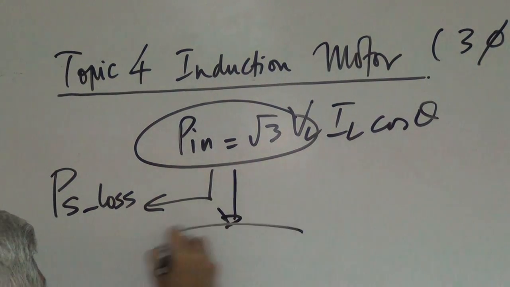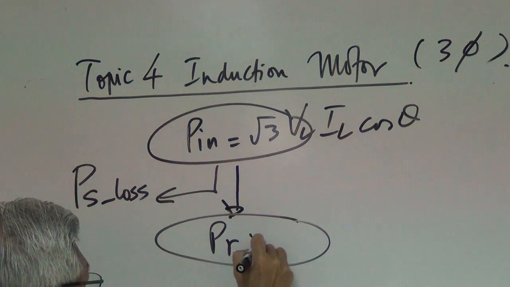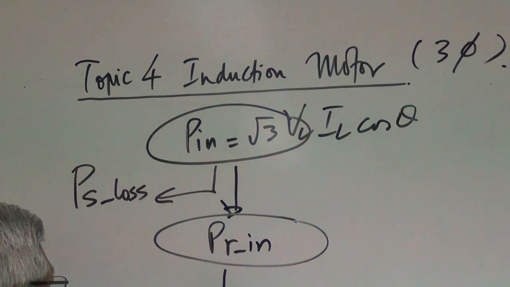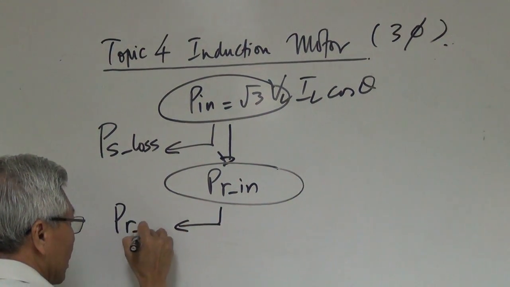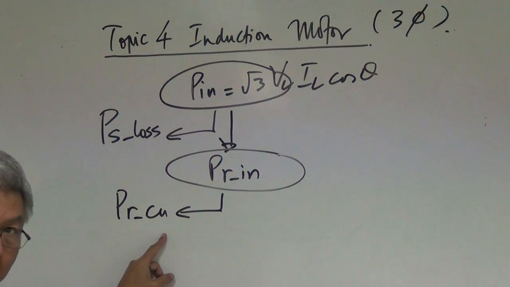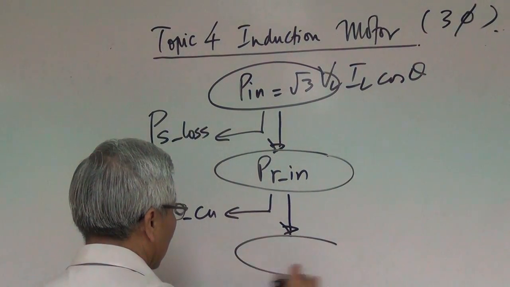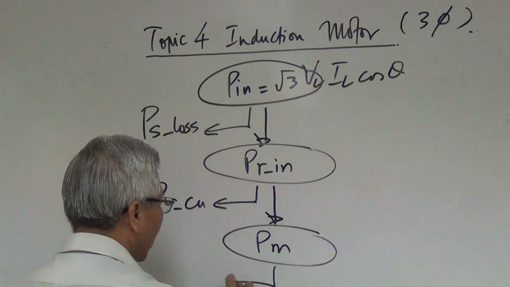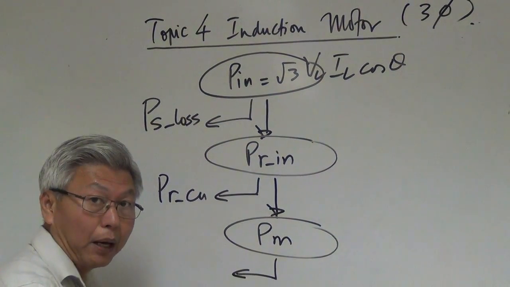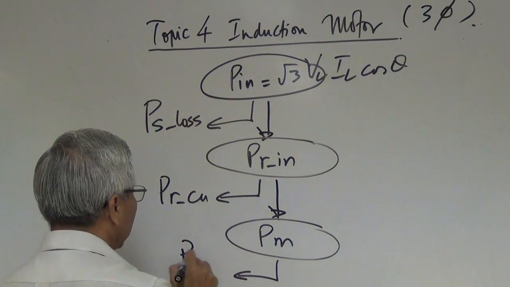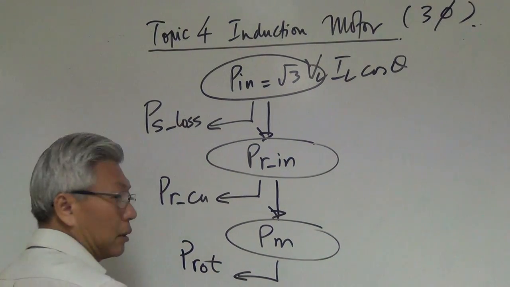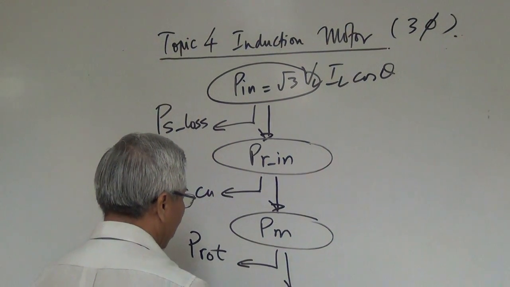Then the rest go to the rotor. We call it the rotor input power. And then rotor loss. Now there is also iron loss and copper loss, but copper loss is the majority. It's the main one, so we just say rotor copper loss. And this is the gross mechanical power, which is equivalent to the developed power in the DC motor. And this is the rotational loss, and then the output power.